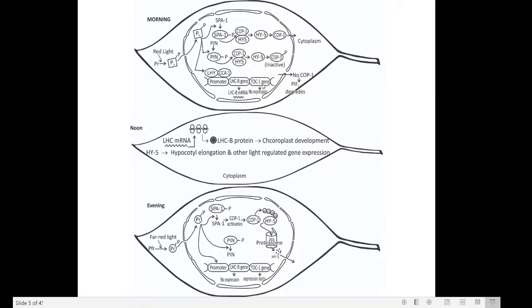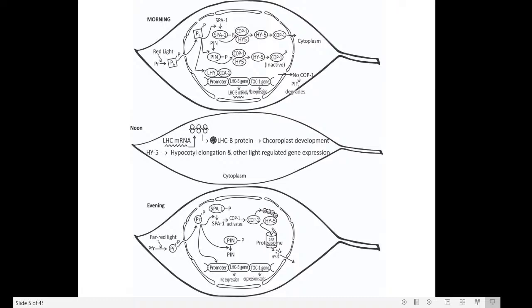The main thing is the comparison of the phytochromes: first, in the morning, phytochrome 2 is activated. Due to the activation, LHCb is in active mode and the TOC1 gene is in off mode.